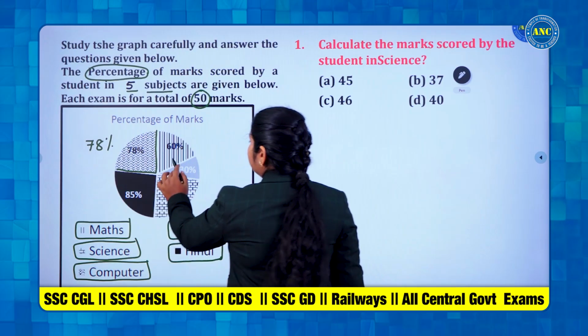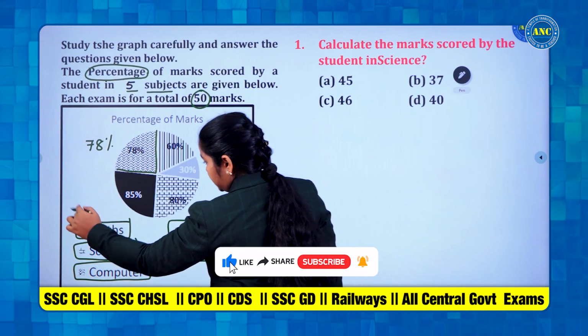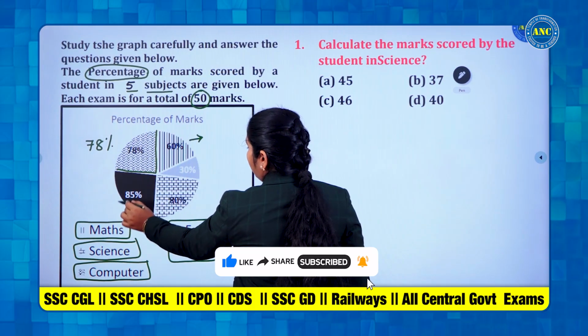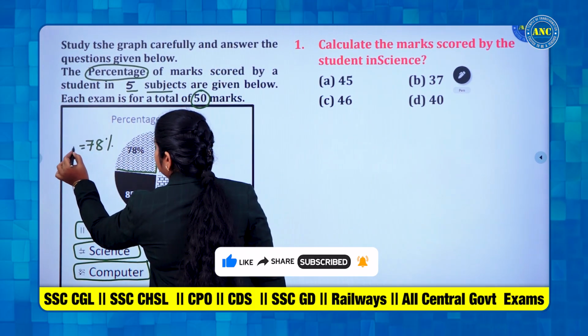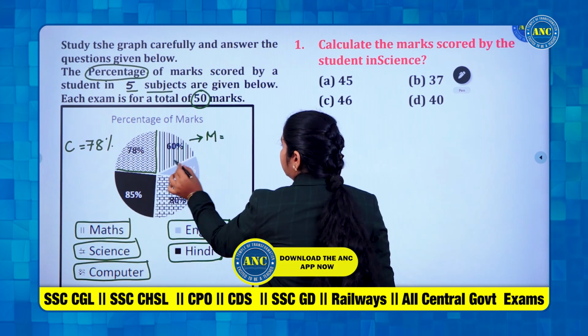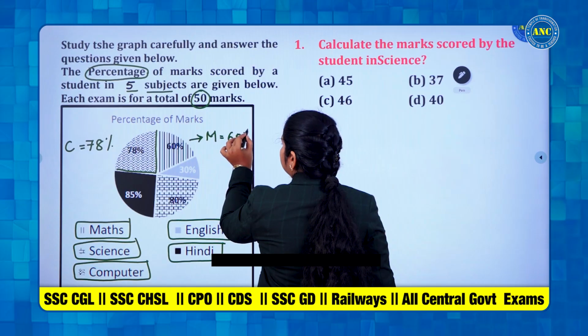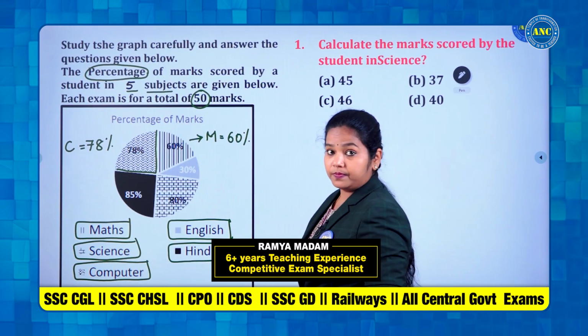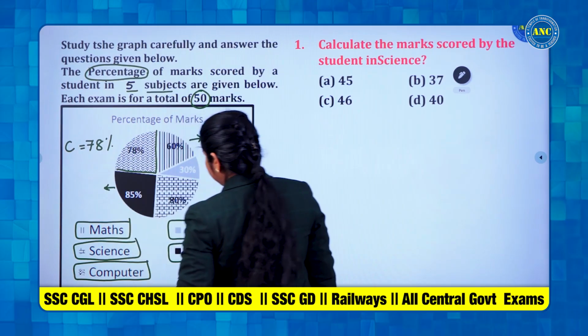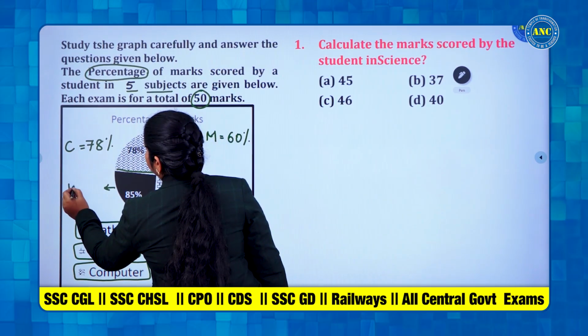Okay. Next, observe this. Where is this? So, here this represents maths. Okay. This represents computers. This represents maths, and maths is how much? 60%. Right? Yes. Next, this is Hindi. Hindi subject.